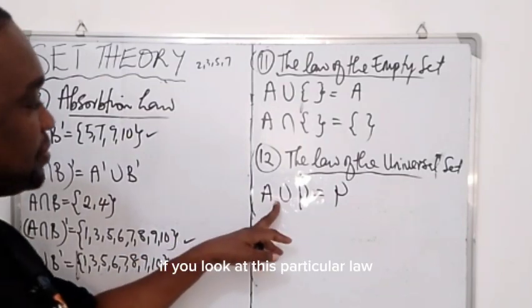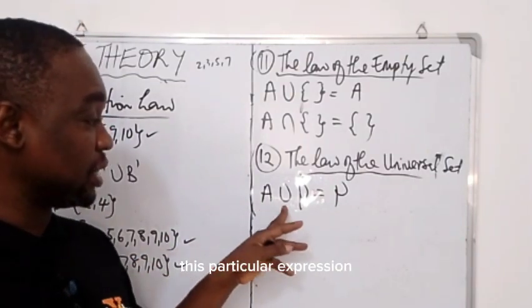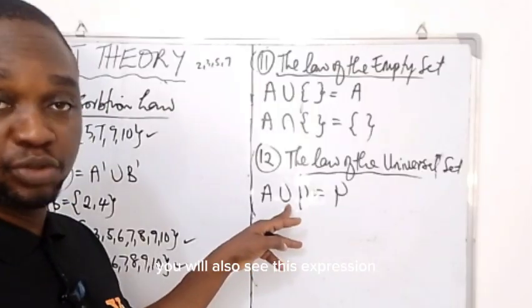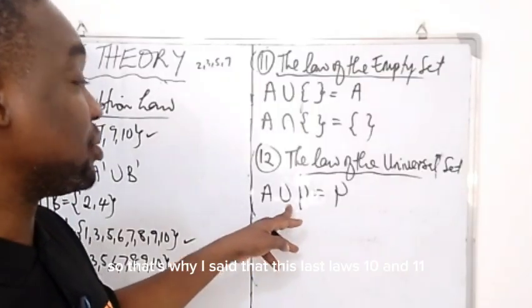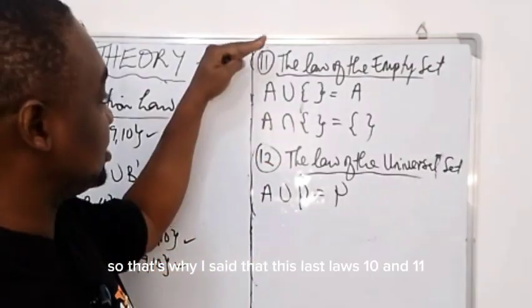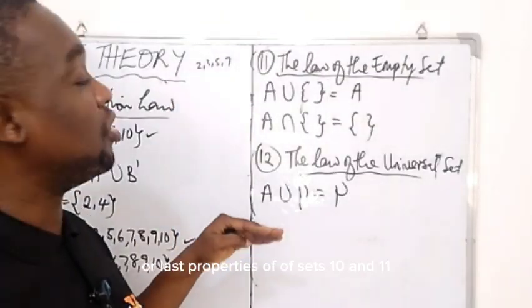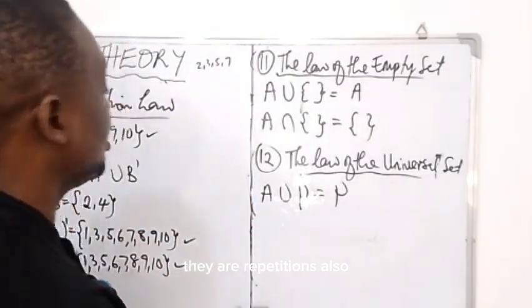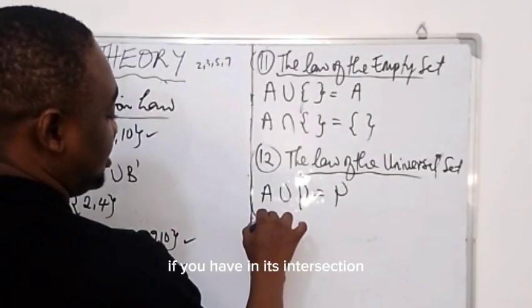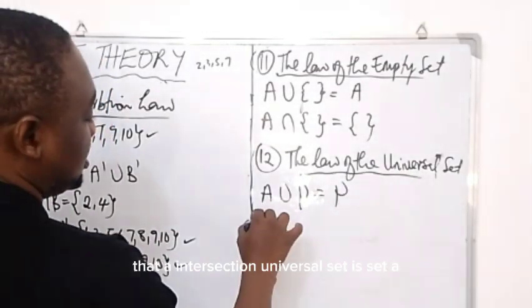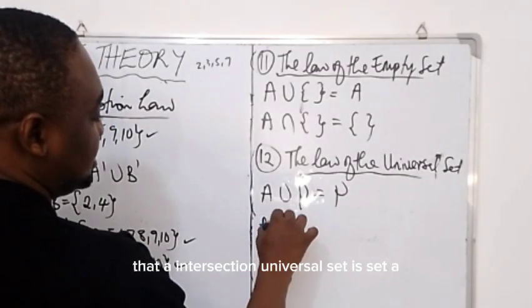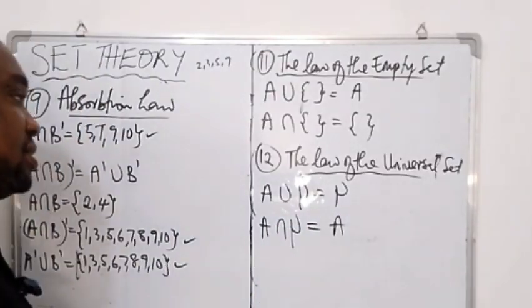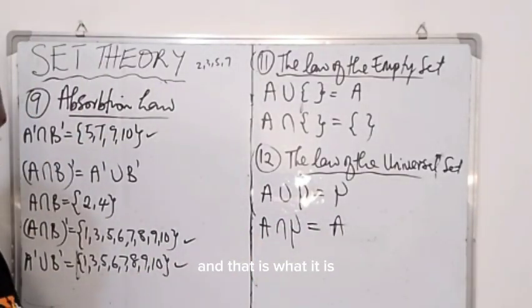If you check back in your domination law, you will also see this expression. So that's why I said that these last laws, 10 and 11, or last properties of sets, are repetitions. Also, in its intersection, A intersection a universal set is set A, and that is what it is.